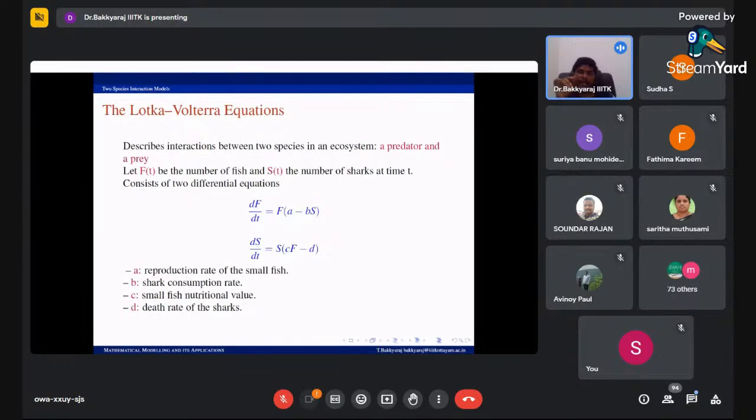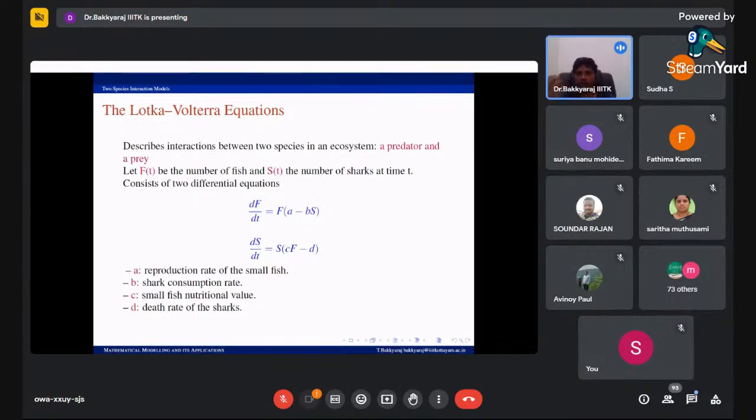Therefore a times f will add to the rate of change of f. Then, because it is in the same environment, whenever the shark meets the fish, it will eat the fish. Therefore the fish population will reduce.